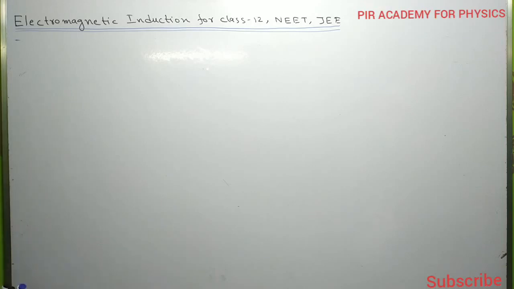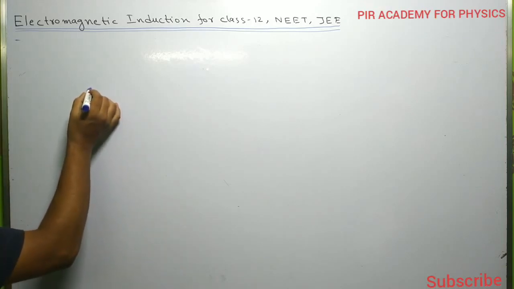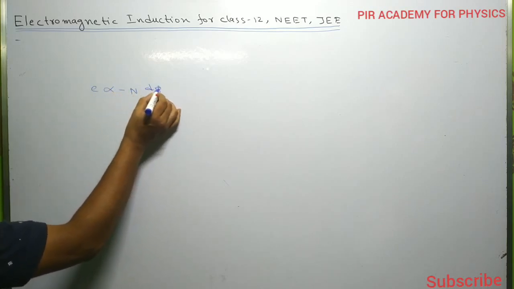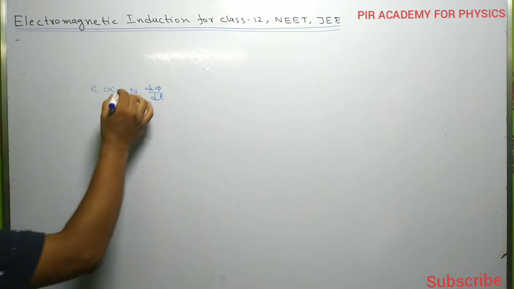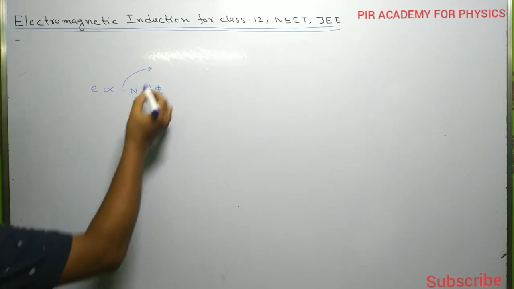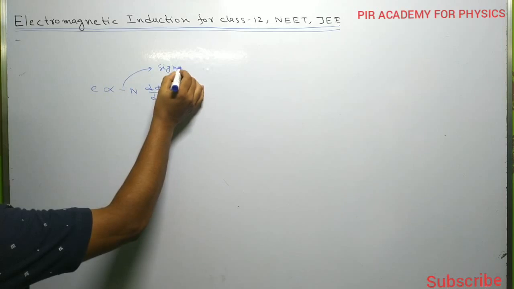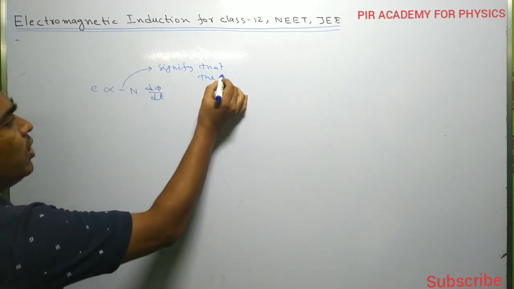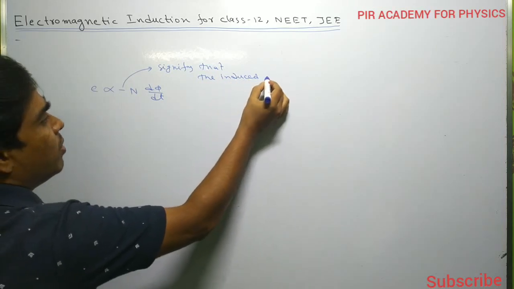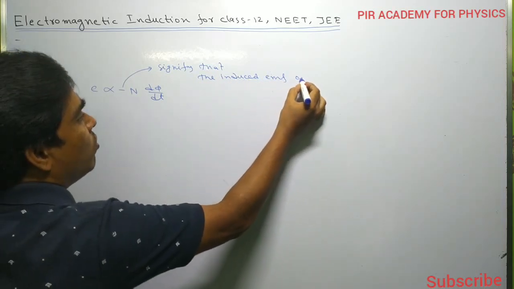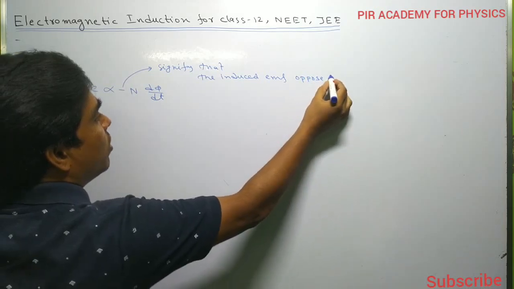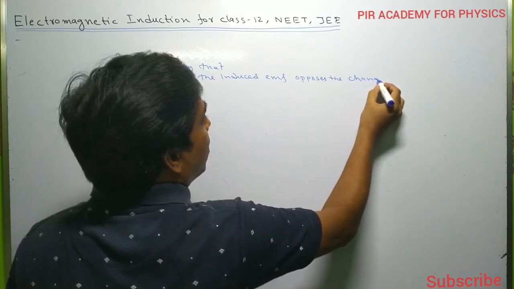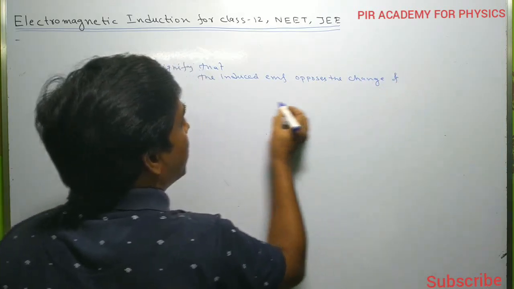According to Lenz's law, you can write that the induced EMF is proportional to minus N d phi by dt. This minus sign signifies that the induced EMF opposes the change of magnetic flux.